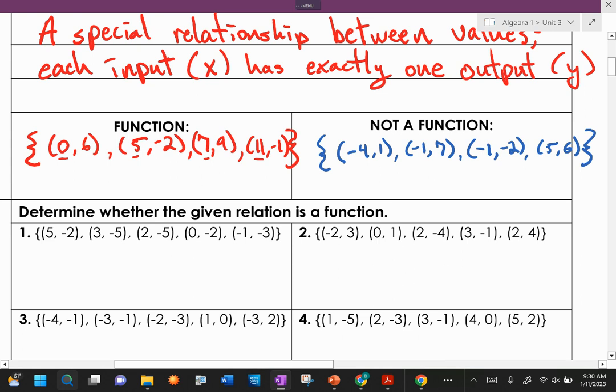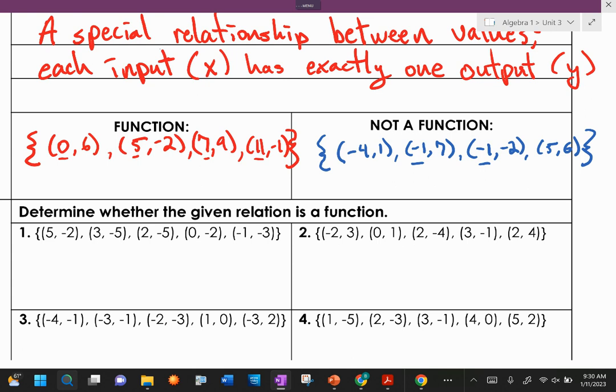All right, what do we decide? That's exactly right. And it's actually one step further than that. She's exactly right. 2 of them have the same x value, and that is your first identifier of, oh, this might not be a function.